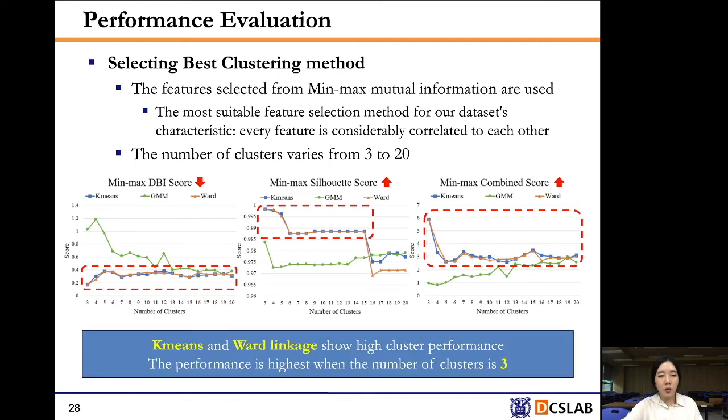Both k-means and Ward linkage show the best clustering performance, especially when the number of clusters is 3. Since k-means and Ward linkage are so similar in clustering performance, we can say that the best clustering method is k-means clustering.